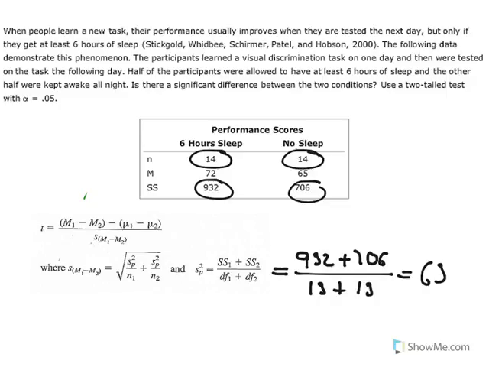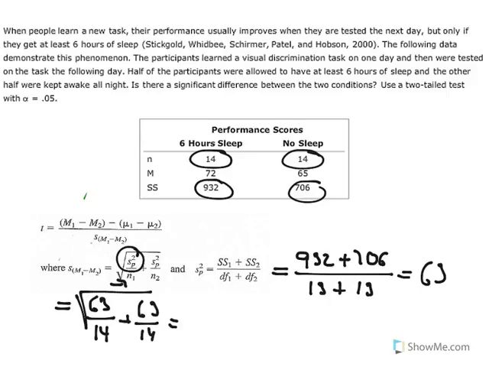Then we can plug that in for these right here. So we continue solving here. Just remember that now we're talking about n again, so that's 63 over 14 plus 63 over 14. So that is 3.